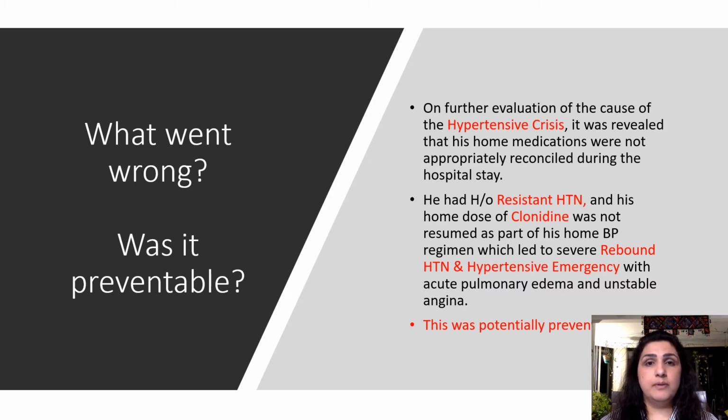I would not say negligence, but a medical error, an error of omission, in which his home blood pressure medications were not continued in the hospital, which led him to this complication. So, that was the base of my research topic.